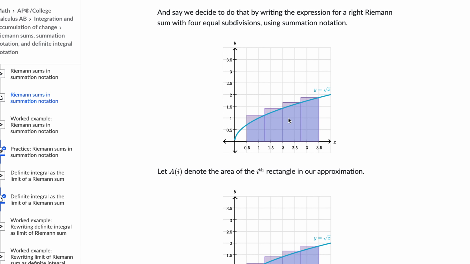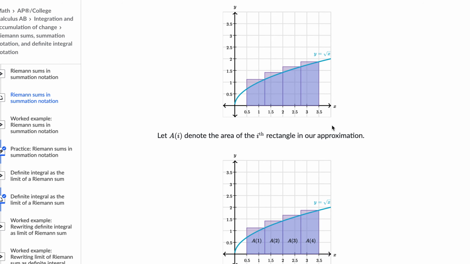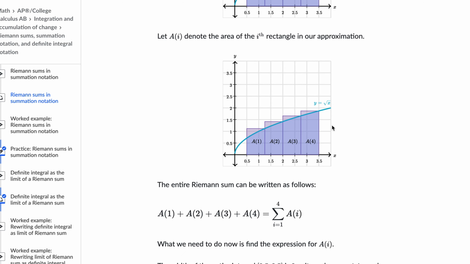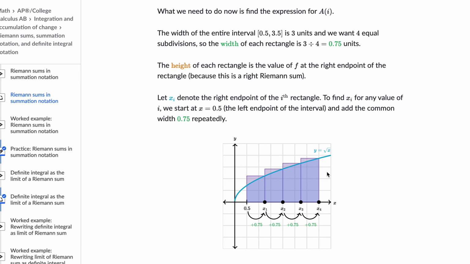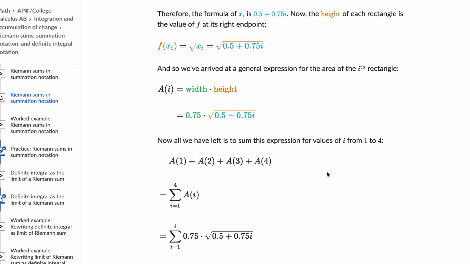They've got 4 equal subintervals, each of 3/4 of a unit, which is non-standard, so it makes you think about what's going on. And then they talk you through how you can think of summing up each of those as being a width times a height, etc. So read through that, it's pretty good.